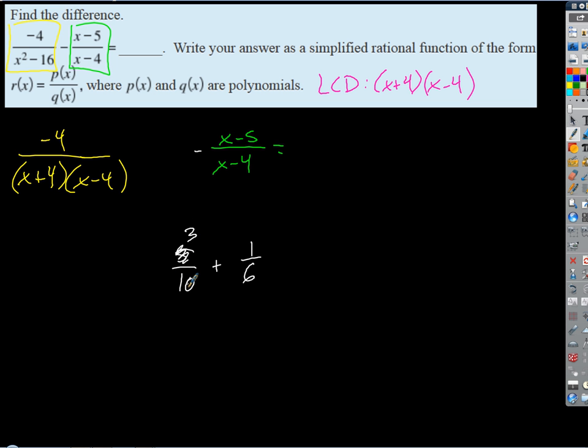How about that? Okay, so what's our common denominator in this case? 3/10 plus 1/6. 30. All right. So with numbers, it's no big deal. Probably what you do in your head is you just look at the smallest common multiple. You think of a list of multiples and find the first one that overlaps, right?